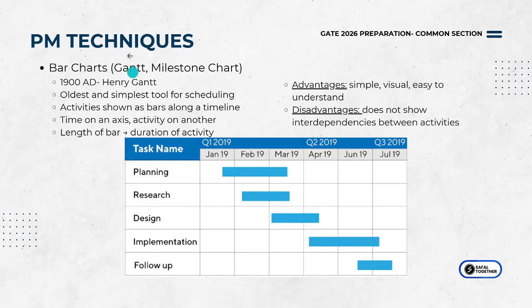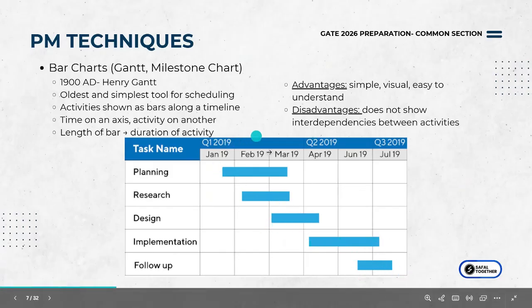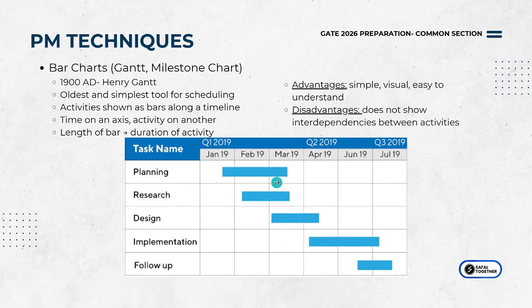There's another chart under bar charts called the milestone chart, which has more milestones at the end. So rather than working with just bars, you also add in points of milestones. You're looking at subtasks where, when you achieve that subtask, you say, okay, 50% progress is done, 20% progress is done, when you achieve those particular milestones.